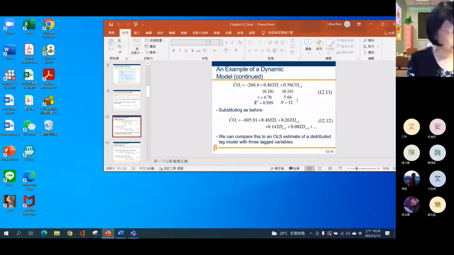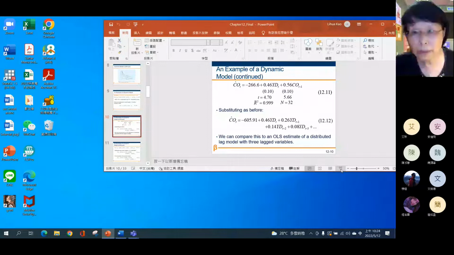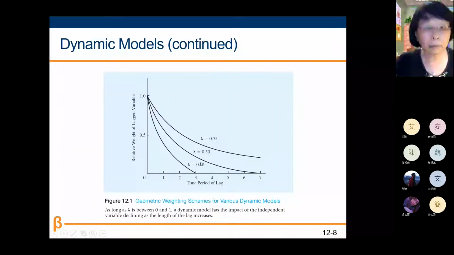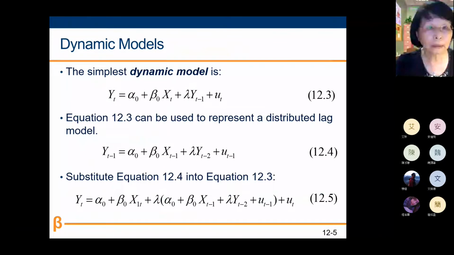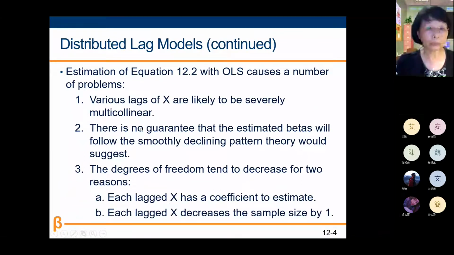And we also have to remember that the dynamic model will overcome some of the problems which we just showed in the distributed lag model. The first one is that with the dynamic model, we don't have a severe multicollinearity problem.